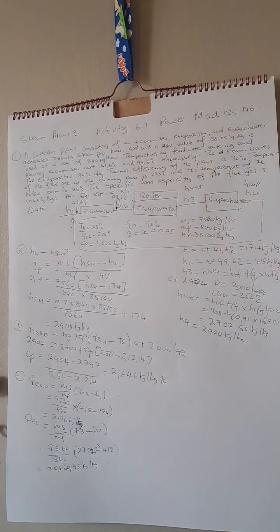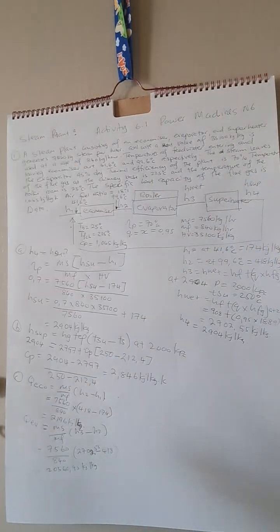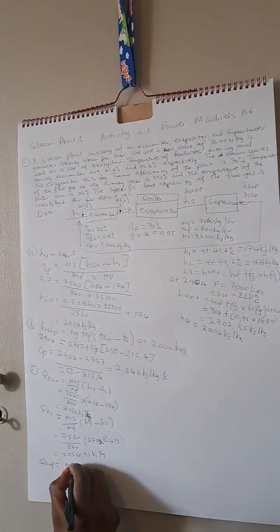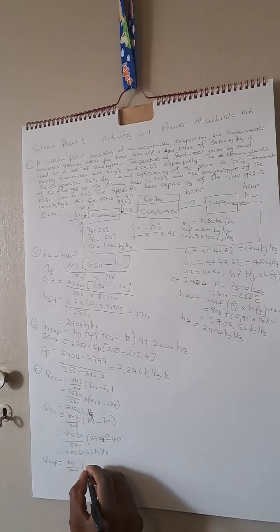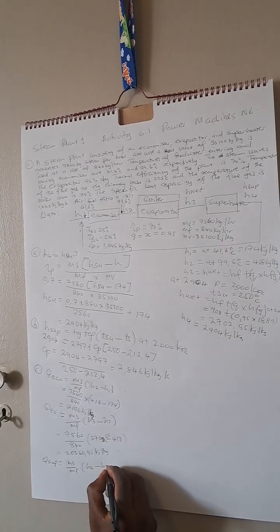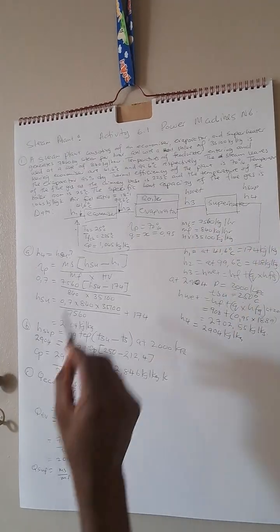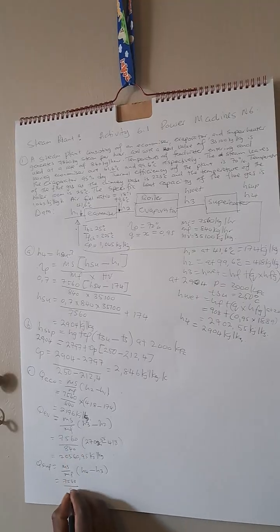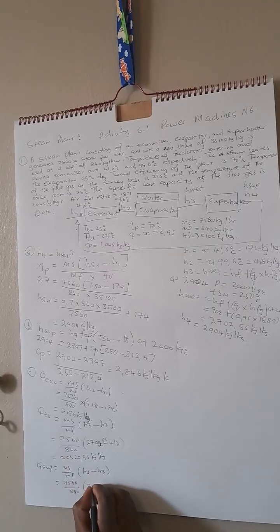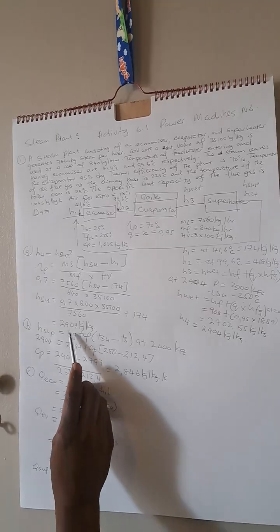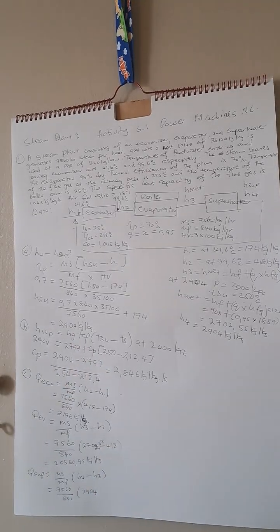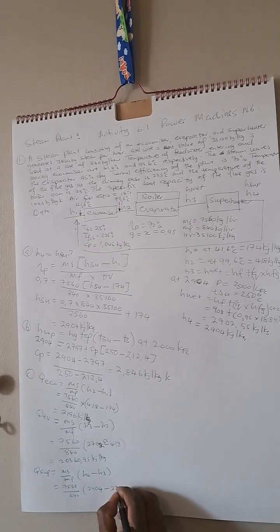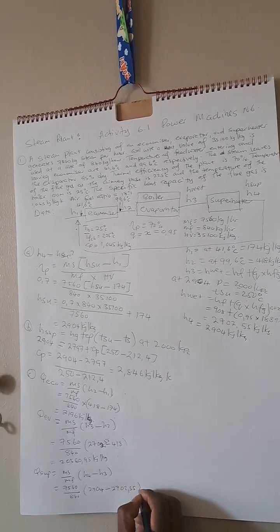The next thing we need to look for is our Q superheater. That is our last component. So Q superheater equals Ms over Mf times (H4 minus H3). The ratio of the mass is 7560 divided by 840, times 2904, that's our H_sup or H4, minus H3, which we said is 2702.55.